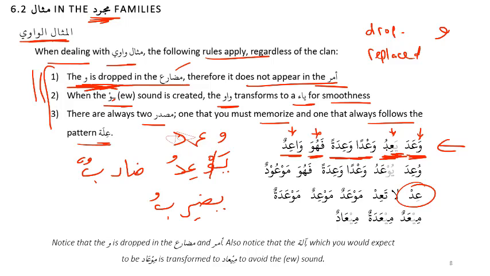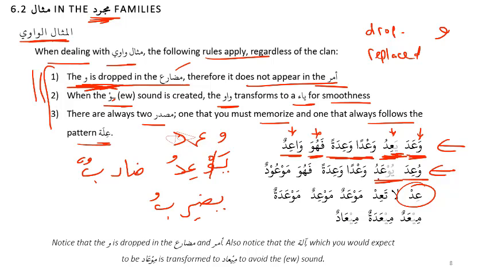The waw is just dropped. Everything else is normal. Okay, then over here, wu'ida. What does wu'ida mean? So this is like duriba. Majhul. So fa'ala, majhul, fu'ila. So this is majhul. Now, how do you make majhul in mudare?